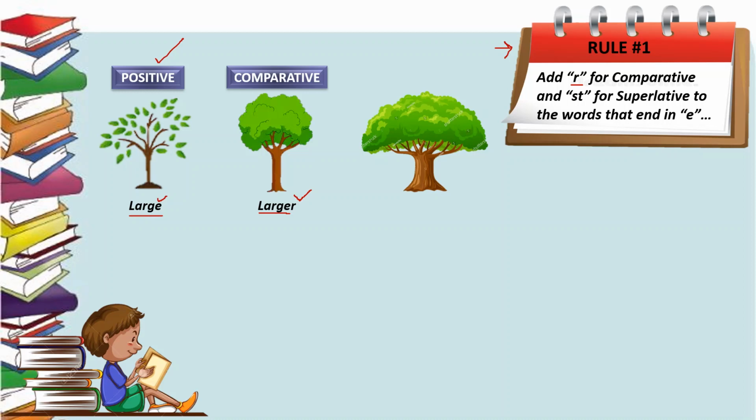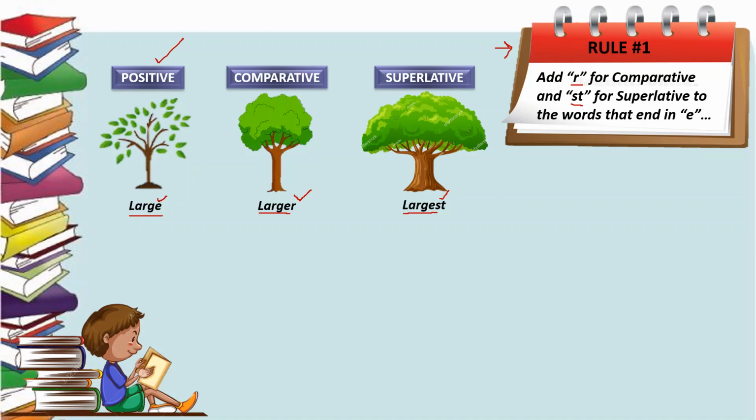Similarly, if we plan to convert this adjective to the superlative form, we need to add the suffix st after the positive degree adjective. So here the adjective large in the superlative degree becomes largest. The main adjective large remains as it is, and there is an addition of the suffix st after the adjective.